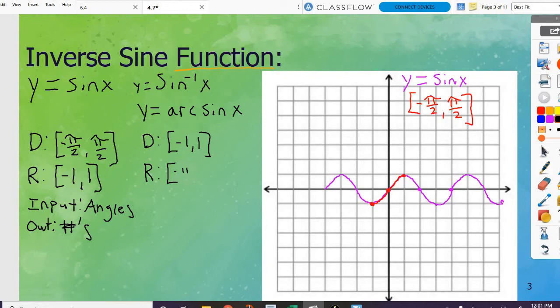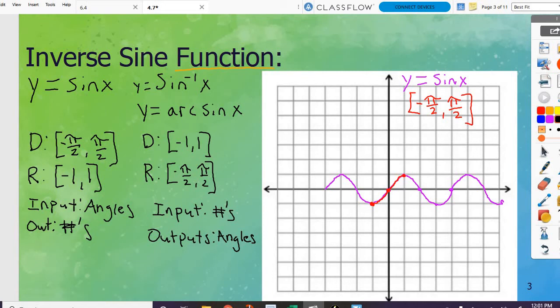Yep, -pi over 2 to pi over 2. And again, because we've switched it, basically we're going opposite now. So our inputs are just going to be numbers, and our outputs are going to be angles. So we're kind of working our way backwards. So we're going to start with a number and say, what angle of sine gives me that number? Does that kind of make sense?